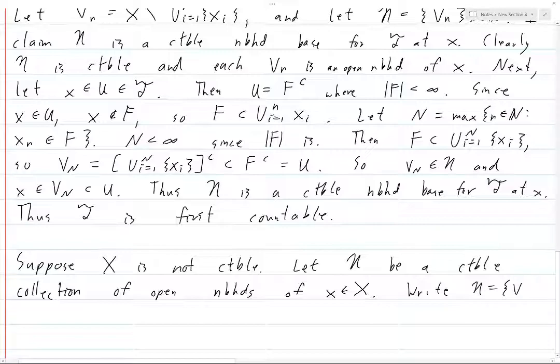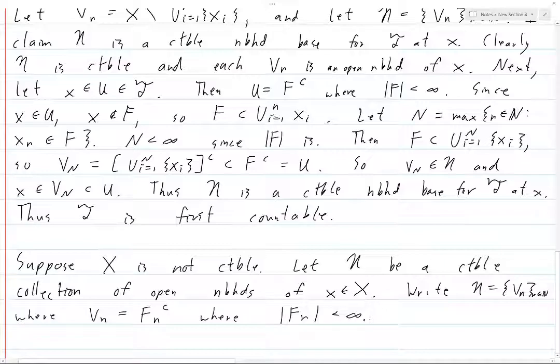And Vn is going to be Fn complement, where Fn is a finite set. Right? We can do this because it's the cofinite topology.